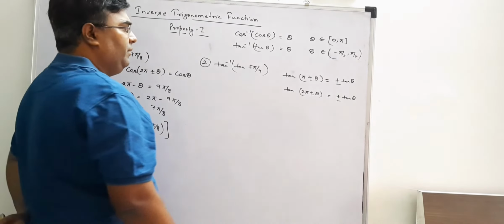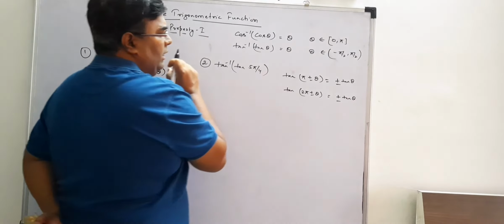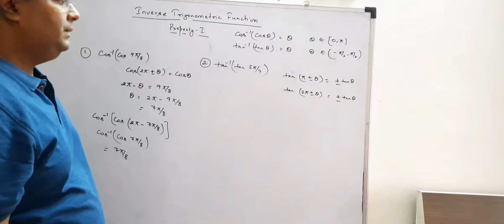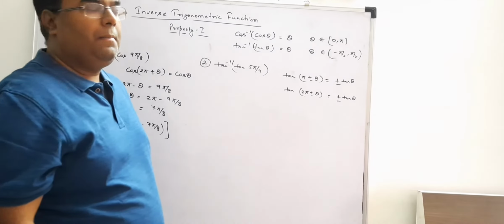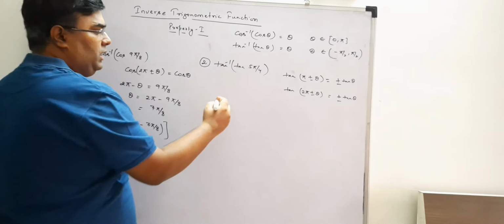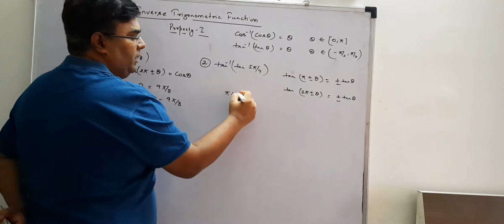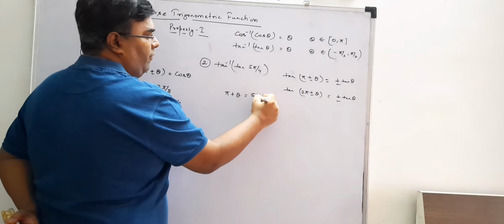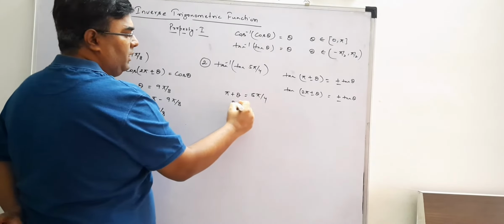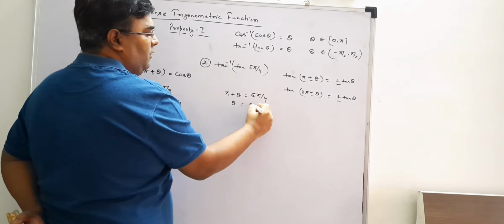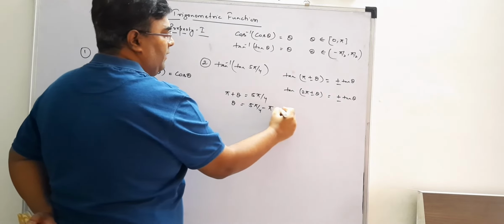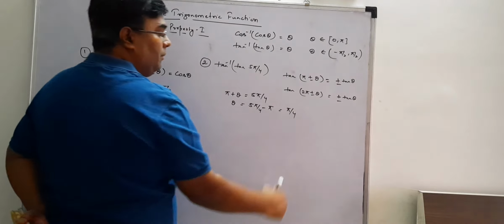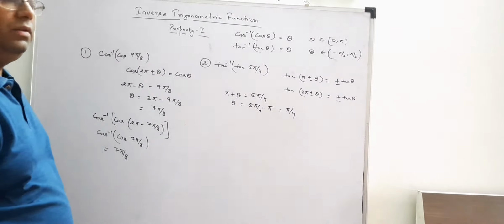So let us say 5 pi by 4 is greater than pi, right? So we can use it as pi plus theta. Let us say pi plus theta is my 5 pi by 4. So what is my theta? Theta is 5 pi by 4 minus pi, which is pi by 4. Right?